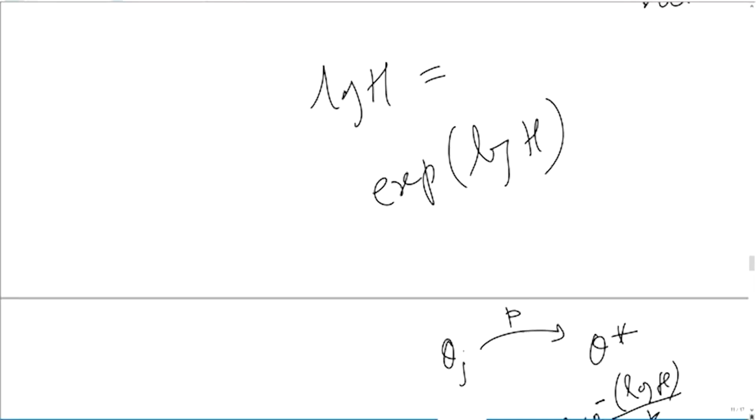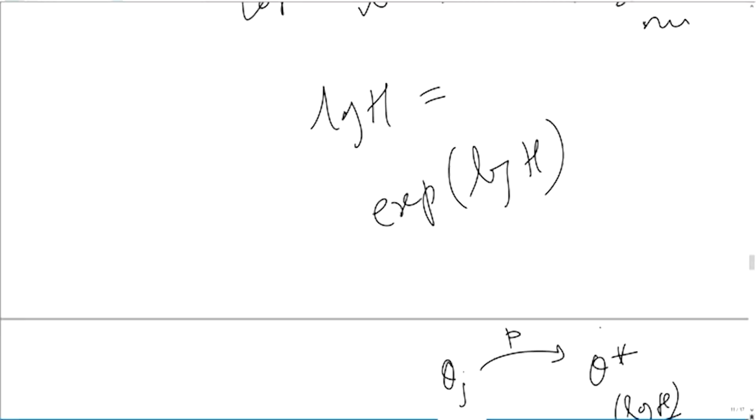If log h is negative, that would mean that the current state is in higher posterior density region. If log h would be positive, that would mean the proposal is in higher posterior density region. So, that means if log h is positive, you would always accept the proposal, okay.